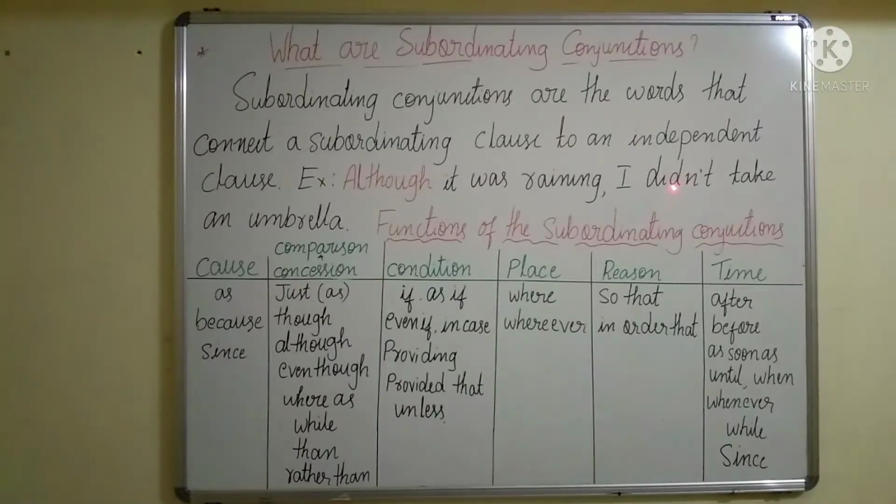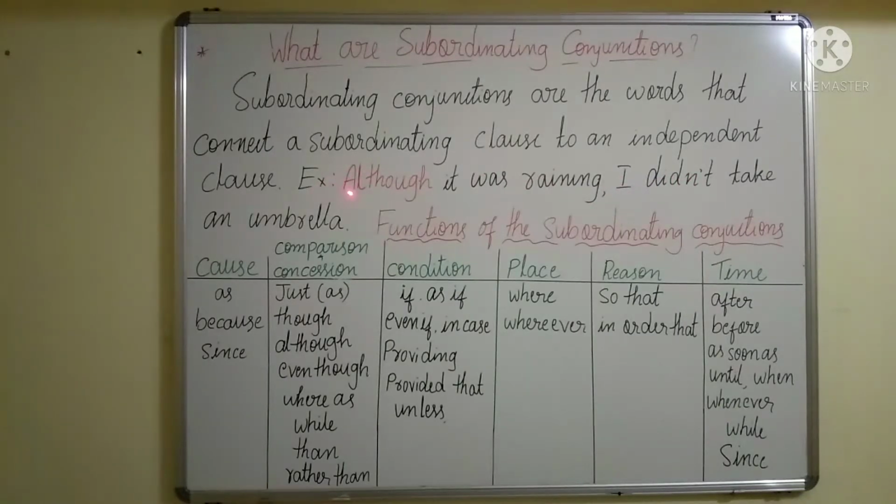The points to be remembered are that in complex sentences, when we use subordinating conjunctions, these subordinating clauses cannot make complete sense on their own and cannot stand on their own, but the independent clauses can stand on their own to make complete sense. So this is a very important thing to be remembered.